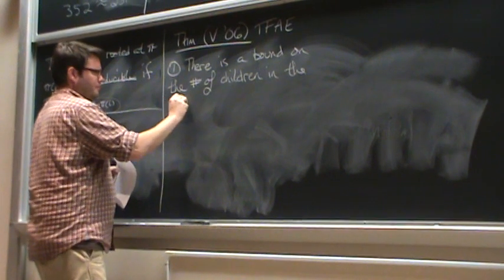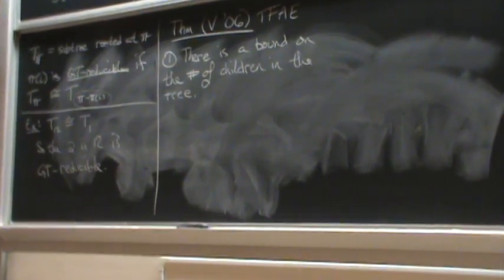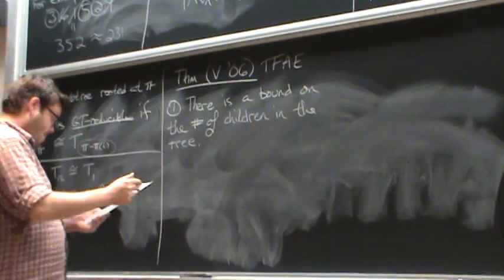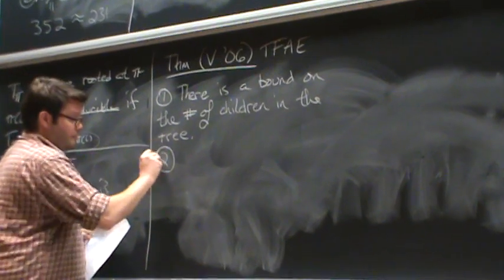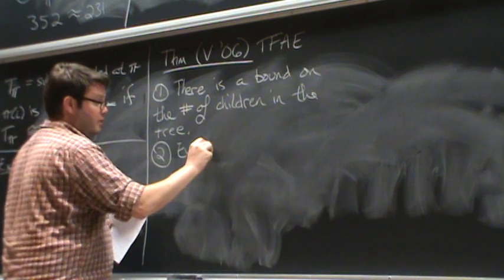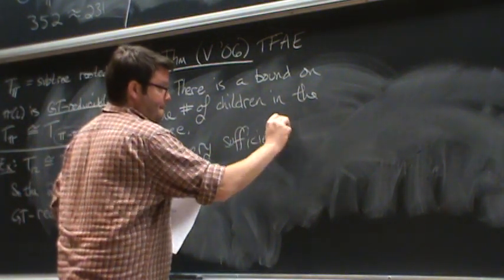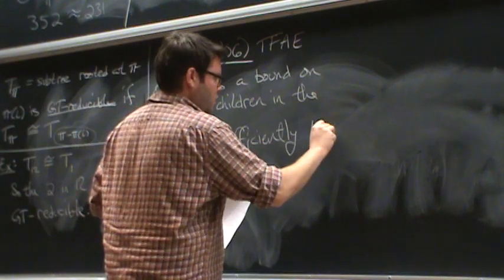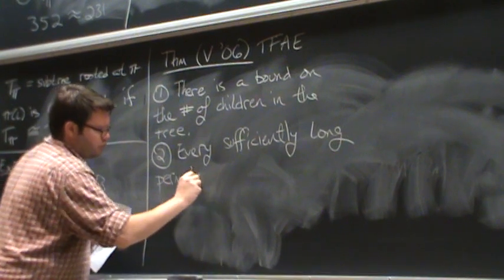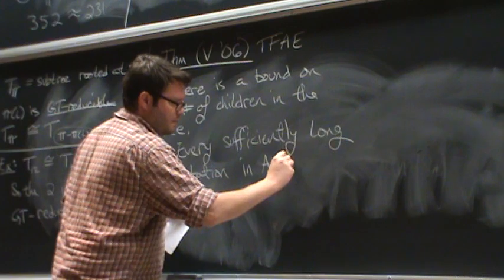And again, there's some set B of permutations we're avoiding in the background. But we make the tree and we find that there's a bound on the children that's equivalent to step 2. Every sufficiently long permutation has a GT reducible element. And I guess really I should say every sufficiently long permutation that avoids this stuff.